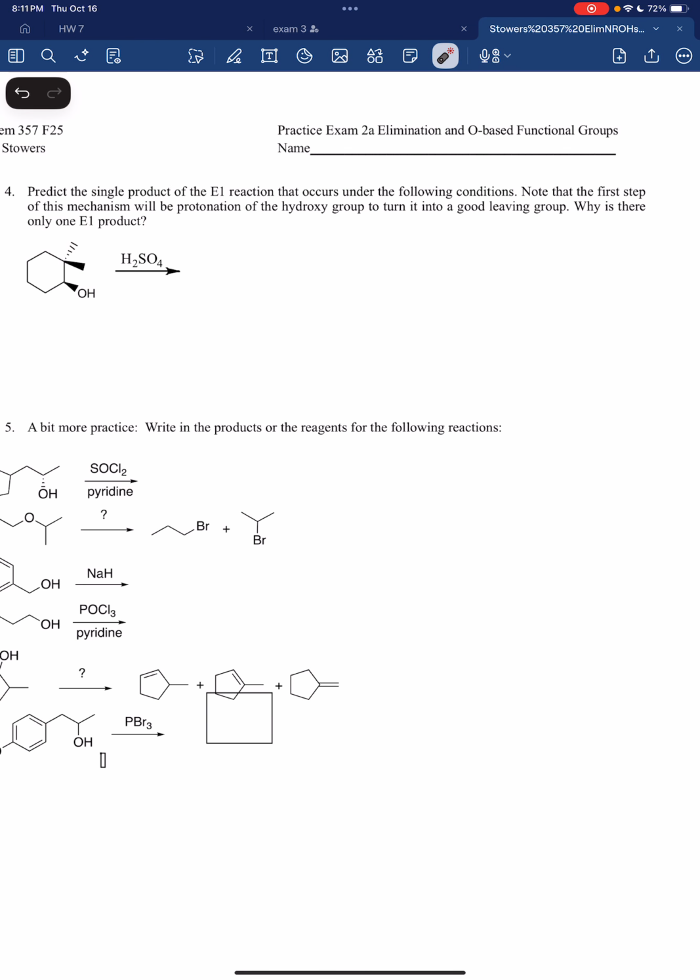Predict the single product of the E1 reaction that occurs under the following conditions. Note that the first step of this mechanism will be protonation of the hydroxy group to turn it into a good leaving group. Why is there only one E1 product? That is a great question.